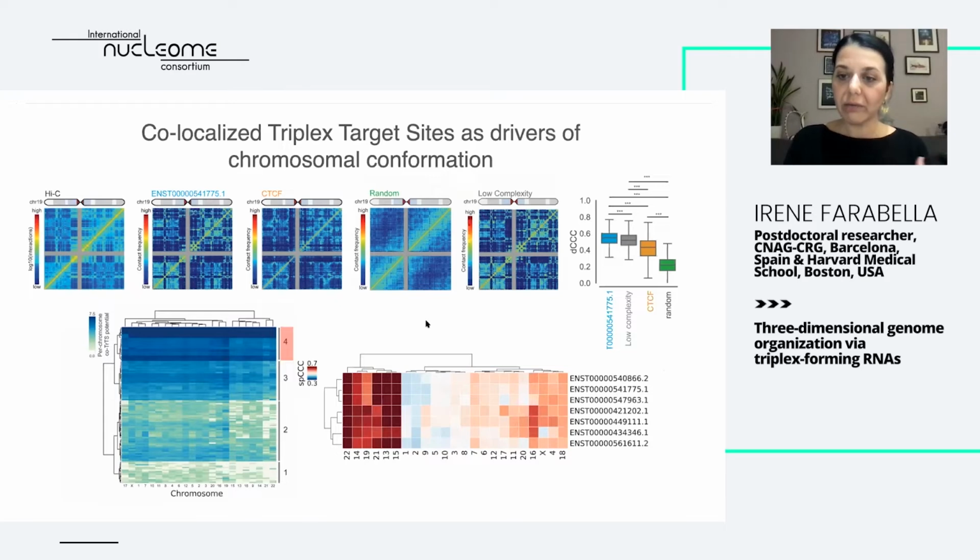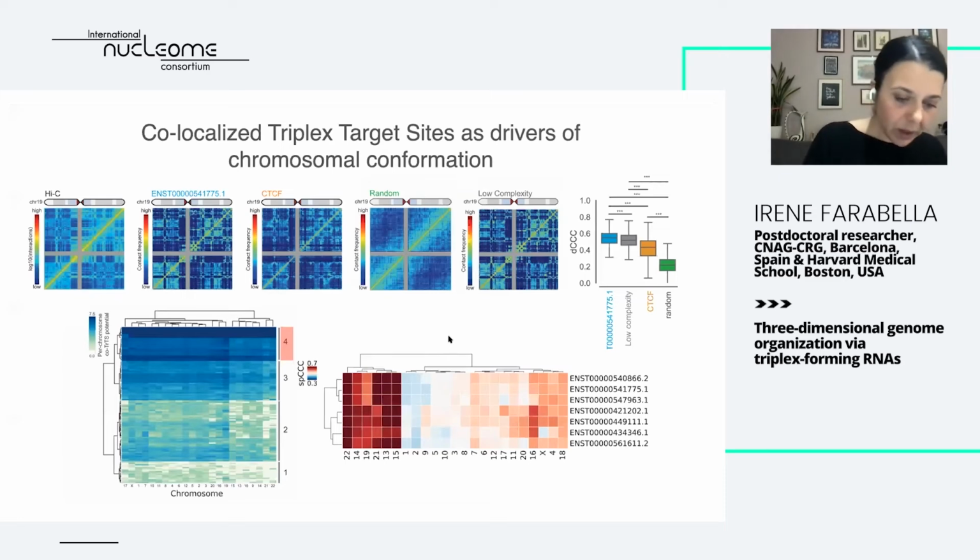Overall, our reconstructions are in good agreement with the experiment, although it is quite evident that we reconstruct the acrocentric chromosomes really nicely, while for some of the larger chromosomes our reconstruction is not optimal. Interesting as well is that a particular long non-coding RNA seems to be chromosome specific, as with the restraints from a particular long non-coding RNA, we can reconstruct certain chromosomes better than others.